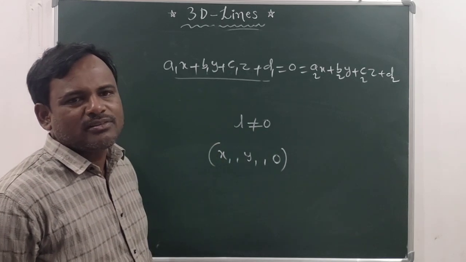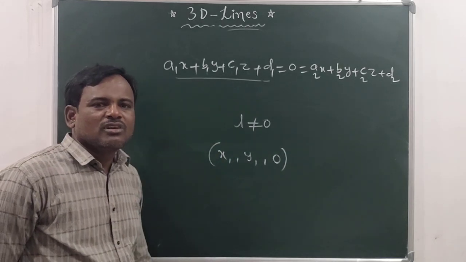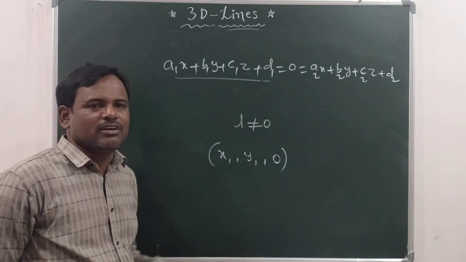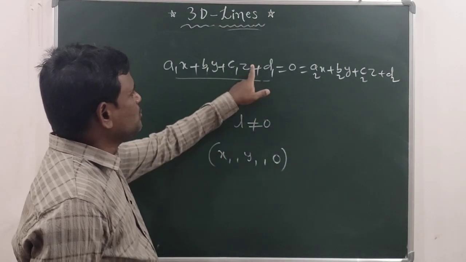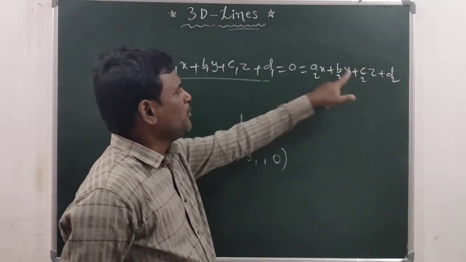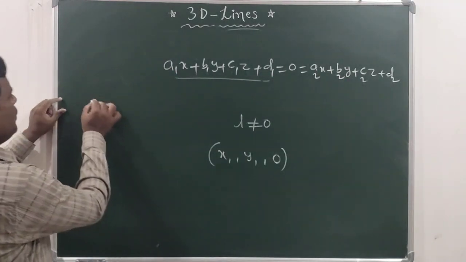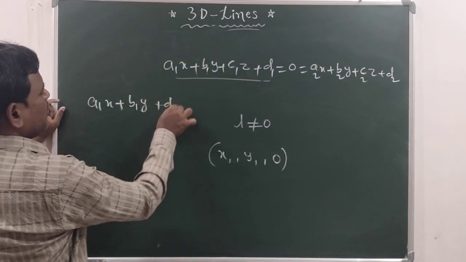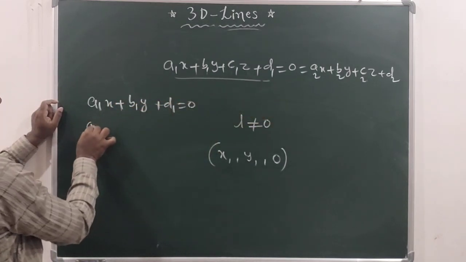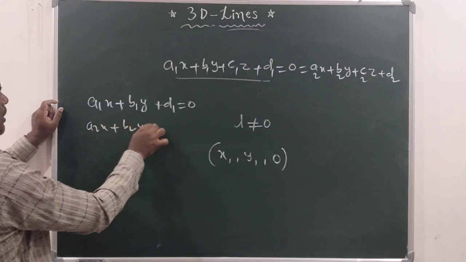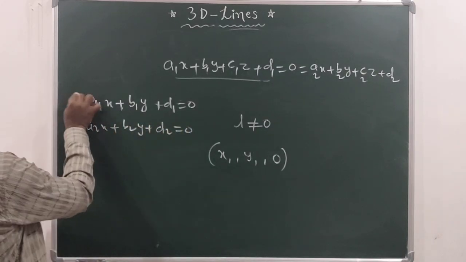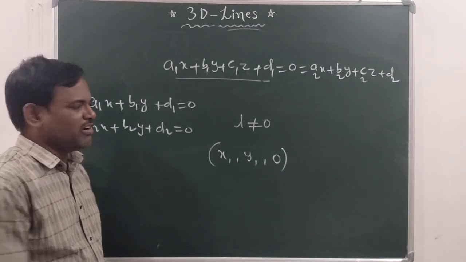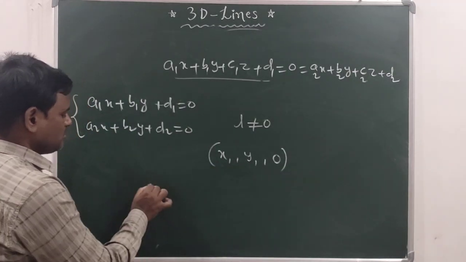Now you got this x1 and y1. How do you find? Put z value 0 in both of them. If you put z value 0 in both of them, you will get a1x plus b1y plus d1 equal to 0, one equation, and a2x plus b2y plus d2, which is equal to 0. Now solve both of them. On solving both of them, you will get x1 y1 right here, and substitute.